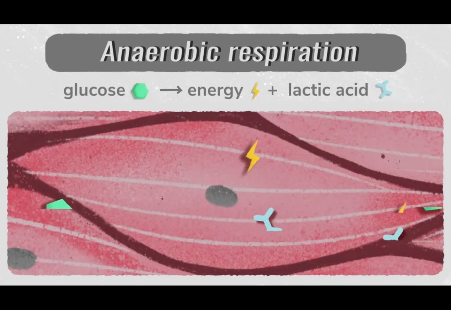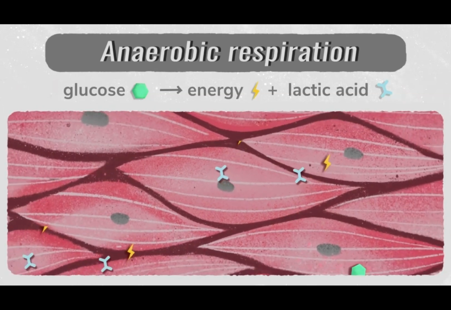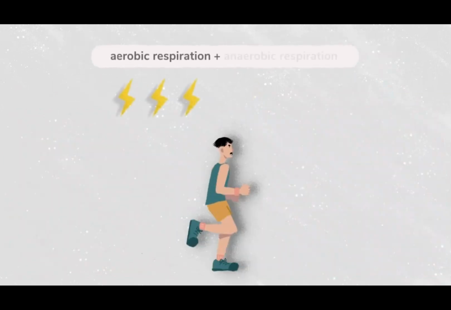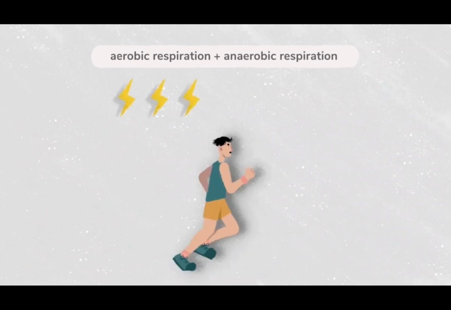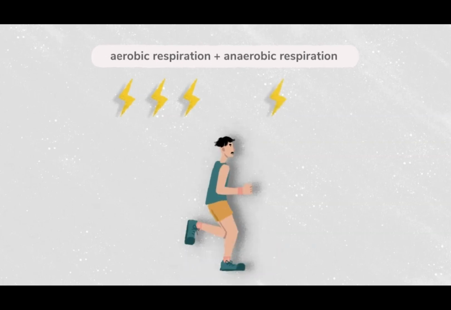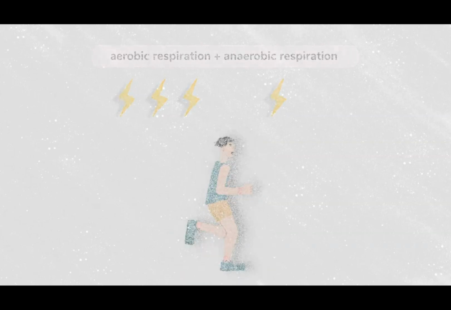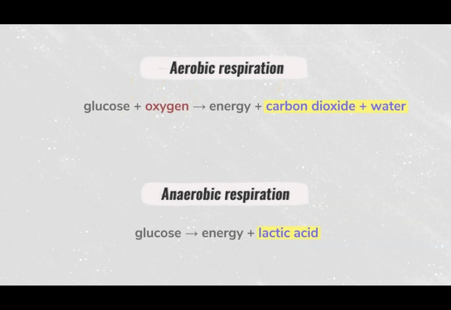Lactic acid is produced as a byproduct. So when we exercise vigorously, both aerobic and anaerobic respiration occur in our muscle cells. Anaerobic respiration provides the additional energy that our cells need. You may have noticed that in anaerobic respiration, instead of carbon dioxide and water, lactic acid is produced.